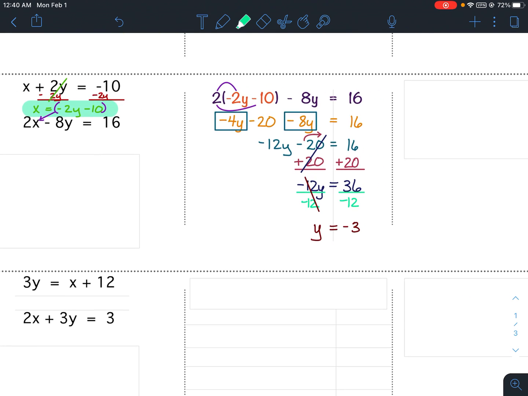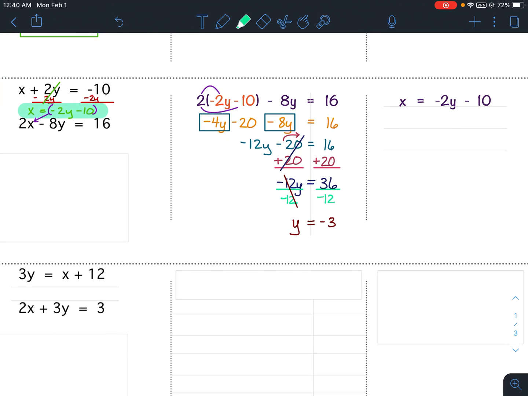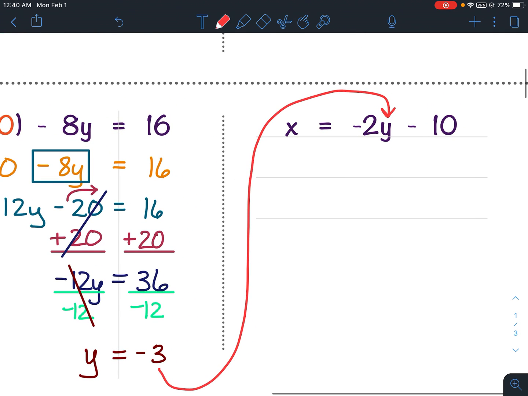So I'm going to take that equation that I just highlighted, and I'm going to rewrite it over here. So x equals negative 2y minus 10. And this negative 3 is going to go in for that y. So I will have x equals negative 2 parentheses minus 10.